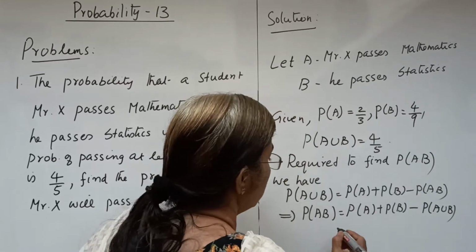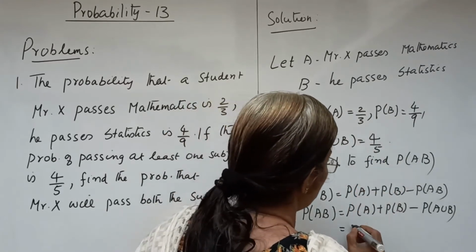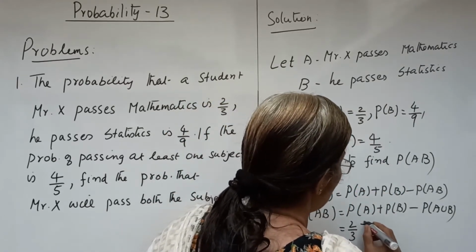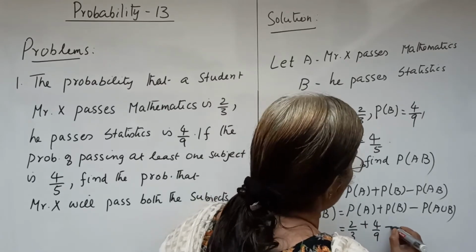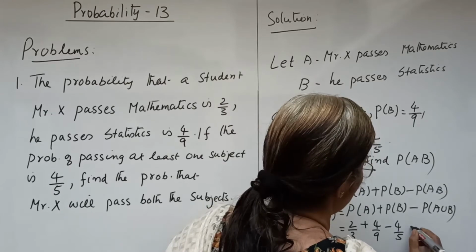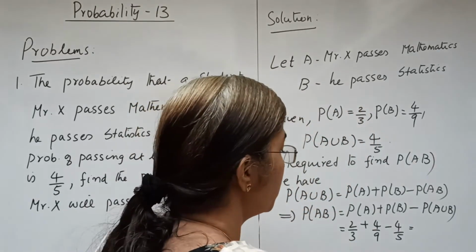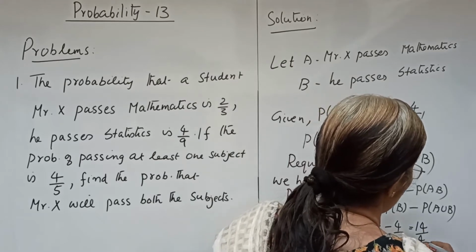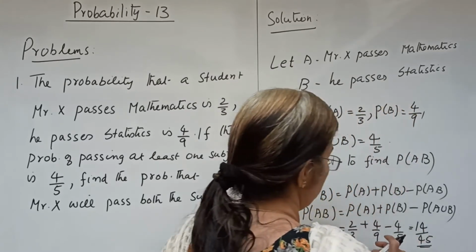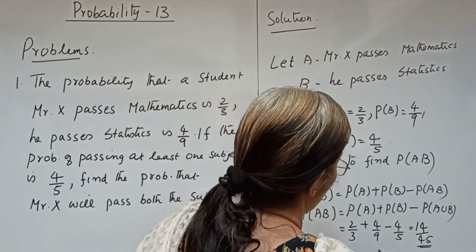So it becomes 2 by 3 plus 4 by 9 minus 4 by 5. The answer is 14 by 45. Let me check. The LCM is 45.